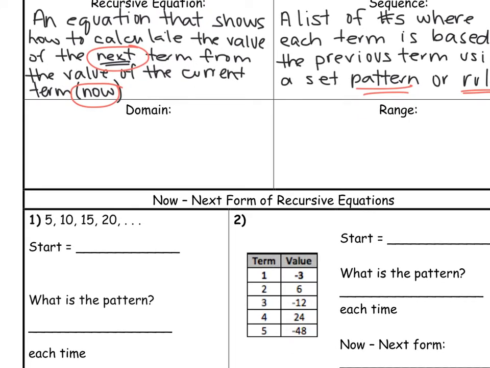In a sequence, the domain is the term number, the first term. For example, in example number 1, the first term is 5. The second term would be 10. The third term would be 20. So our domain is the term number. But there's also some other words for domains, and we'll talk about these more in the next video. It's the set of all inputs when we start talking about functions. And those inputs are also referred to as x values.